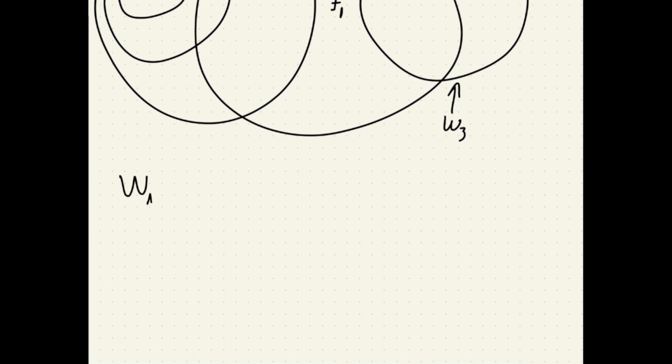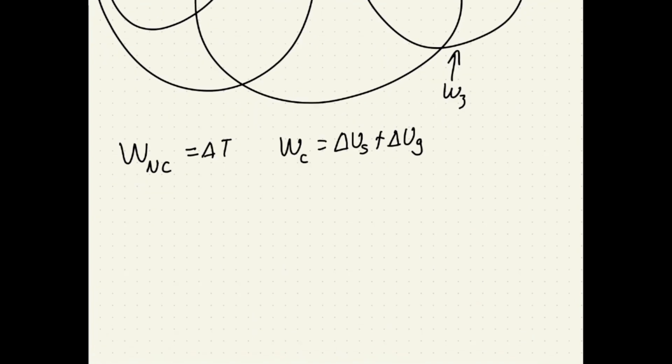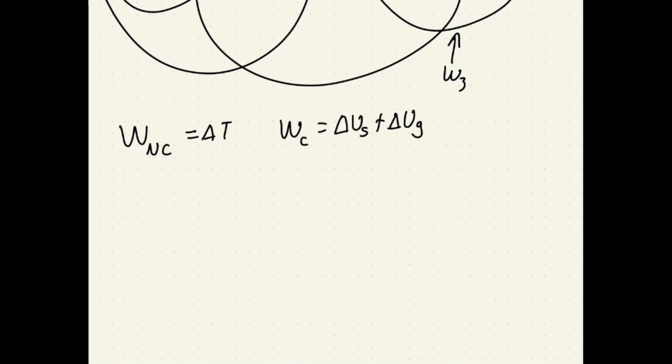So what we get then is our work due to non-conservative forces equal to delta T, and then we have a work due to conservative forces, which is delta US plus delta UG. We can just add these two things together, right? Work due to non-conservative forces plus work due to the conservative forces.